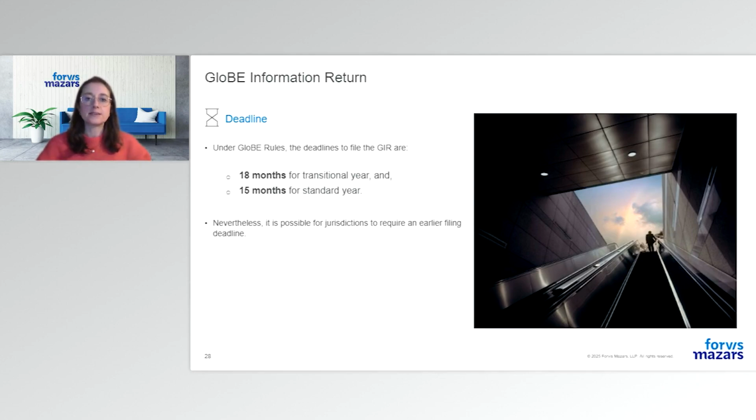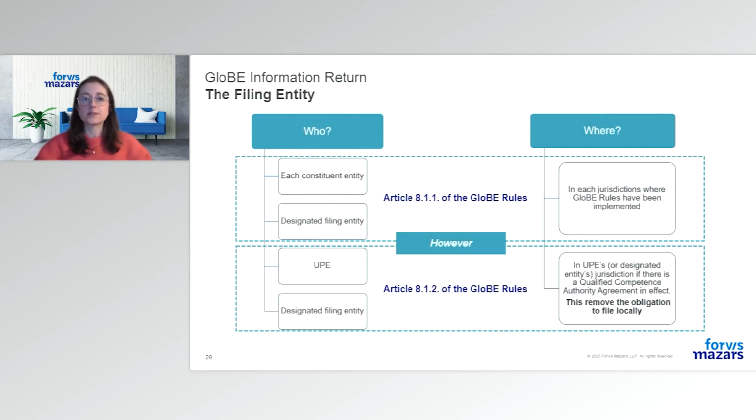The next question to address is who is obliged to file the GloBE information return and where. So the basic rule here is that each constituent entity has to file the GloBE information return in their jurisdiction, or there may be a designated filing entity, but according to the general rule, it's still in each jurisdiction.